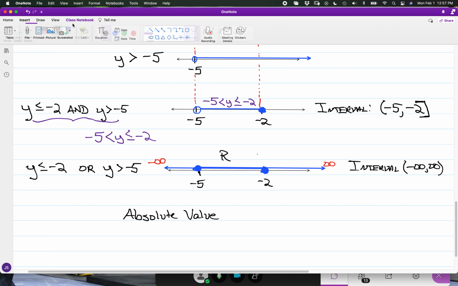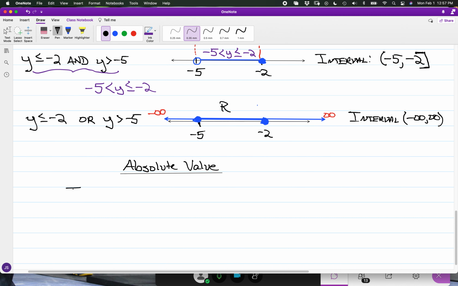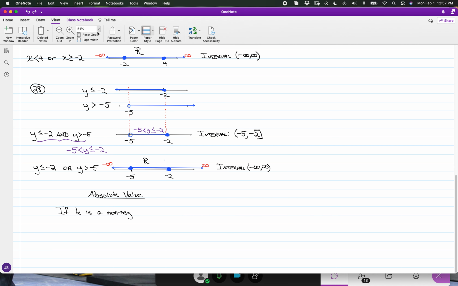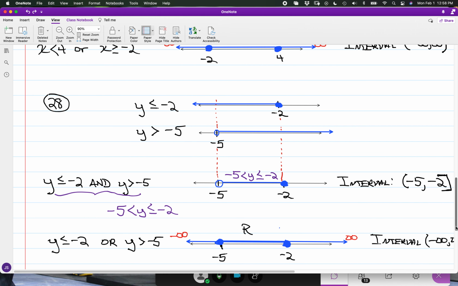Okay, so we have with absolute value that k is a non-negative value.